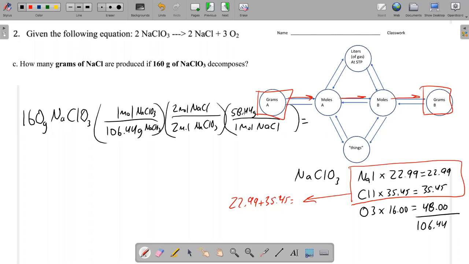Oh yeah, that's wrong. All right, 87.84667, whatever. But we've got two significant figures. This 160 grams only has 2 significant figures because the 0 at the end of larger values is not significant. So we get 88 grams of NaCl.